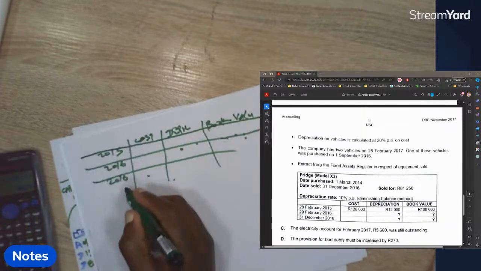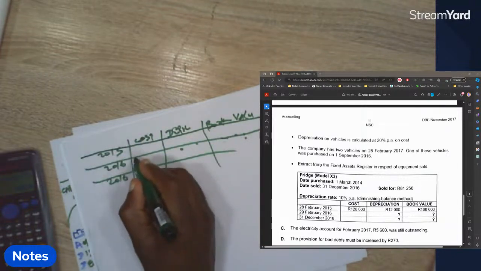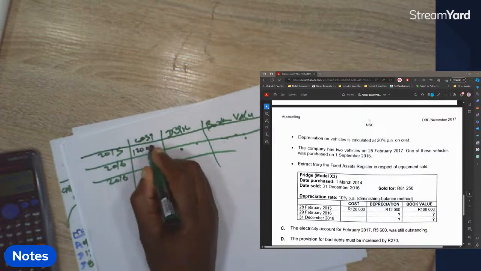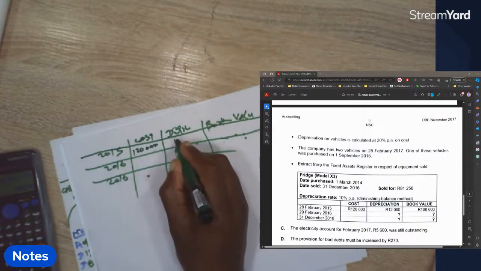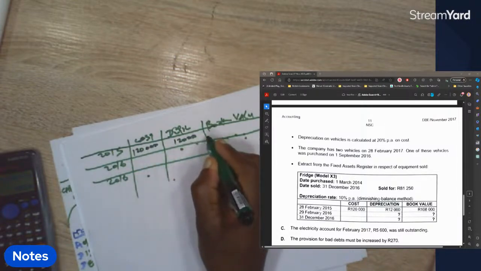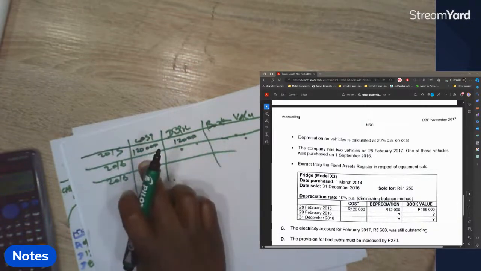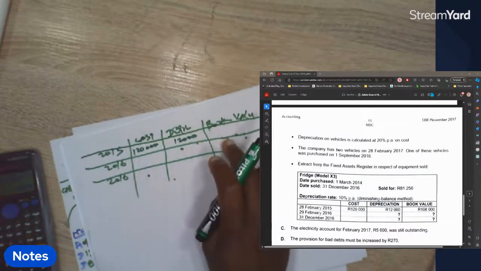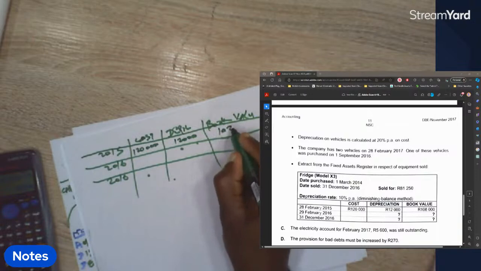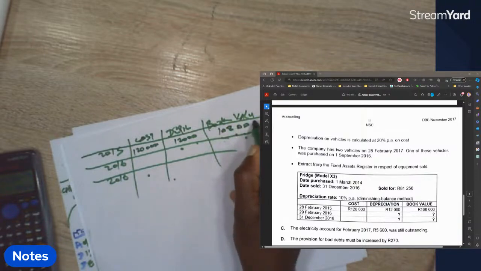The cost price here for 2015 is 120,000, and then now 12,000 accumulated depreciation, and then we are saying cost price minus accumulated depreciation is equal to the carrying book value, 108,000.